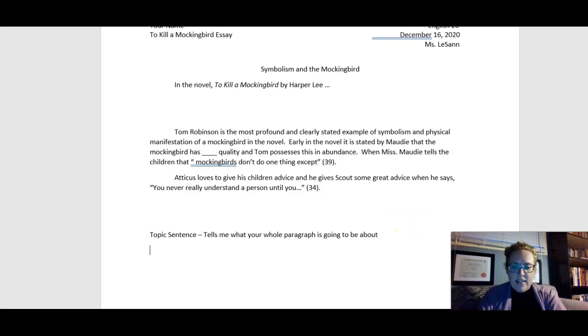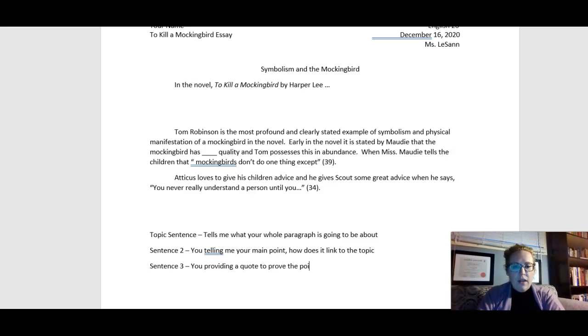Then the next sentence, sentence 2, should be you telling me your main point. How does it link to your topic? Sentence 3 in this paragraph is you providing a quote to prove the point you just made.